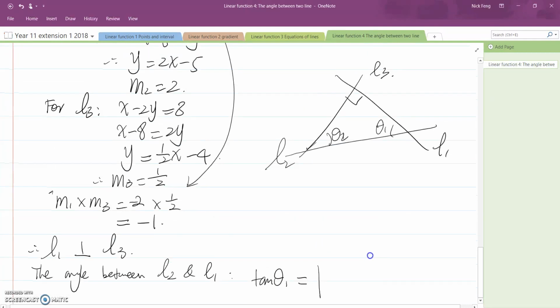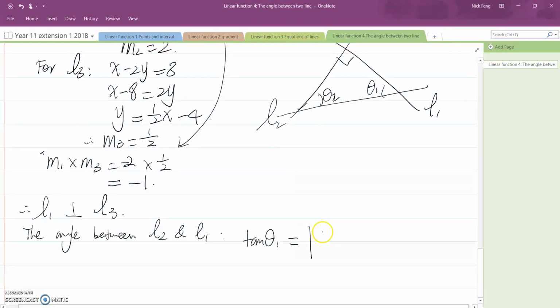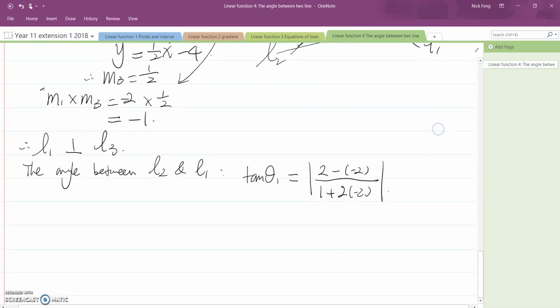I'll make the positive my m1, so (2 − (−2)) over (1 + 2 times −2). If you put this in a calculator, tan theta 1 equals −4/3, so theta 1 is tan inverse 1.3333. Theta 1 is approximately 53 degrees 8 minutes.